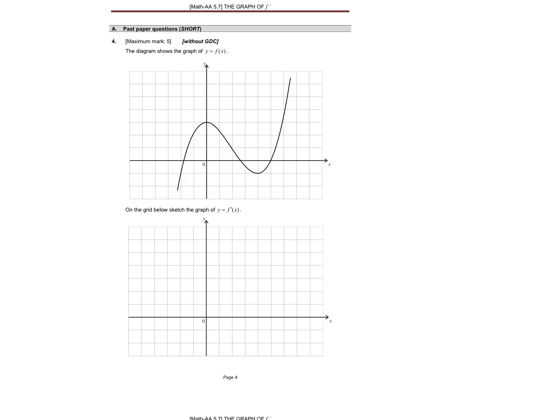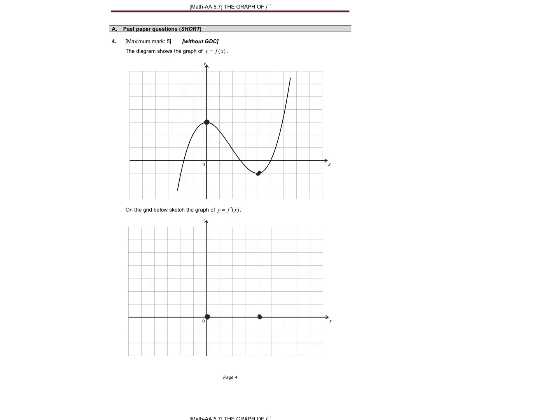Okay, so we have the graph of f(x), and we want to graph the derivative. So the derivative is 0 at maxes and mins. Those become x-intercepts.